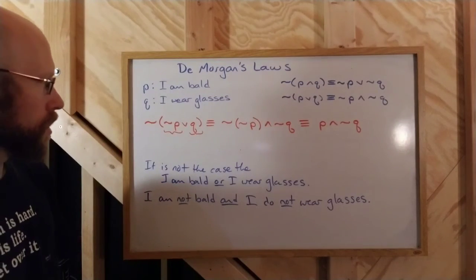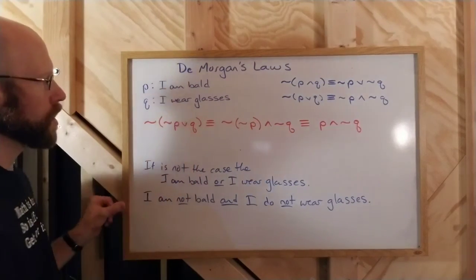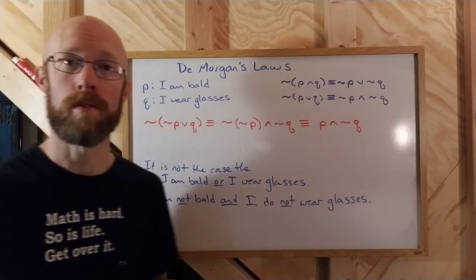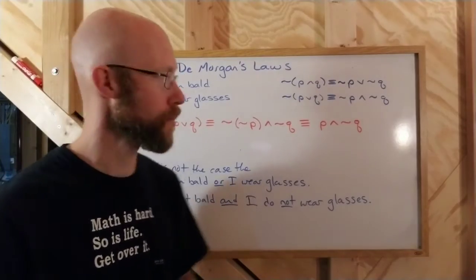So our goal here is to write, using De Morgan's laws, a statement that's equivalent to the first, but with the fewest number of negations possible. Okay.